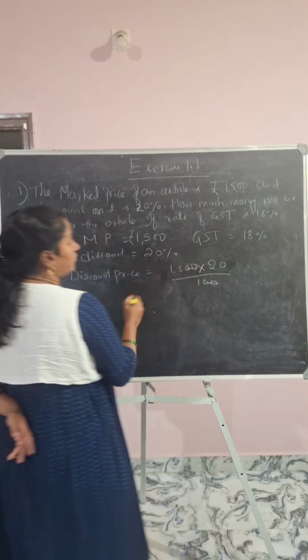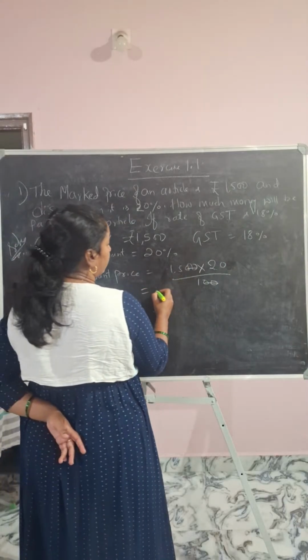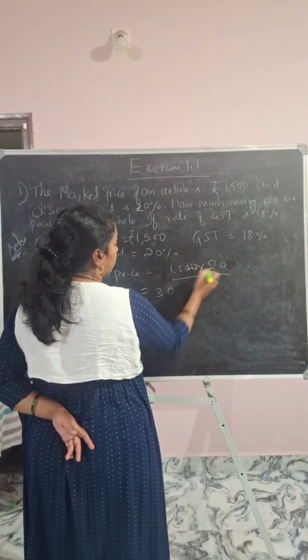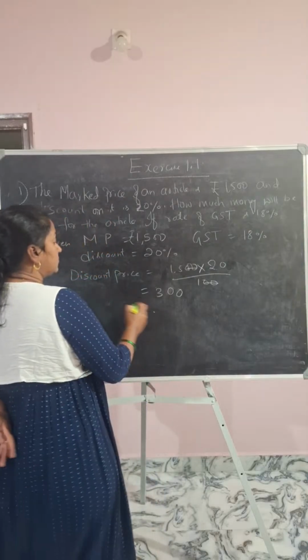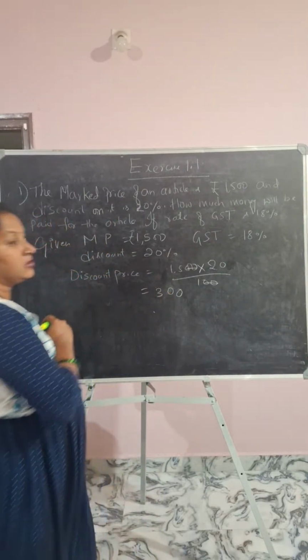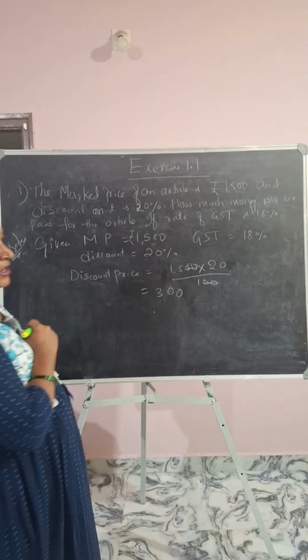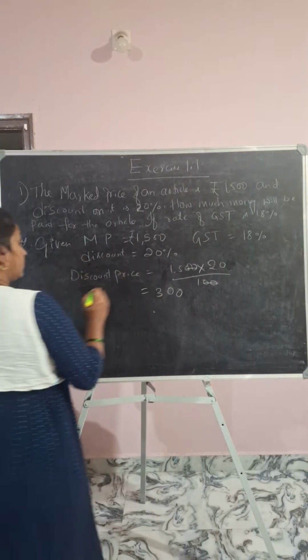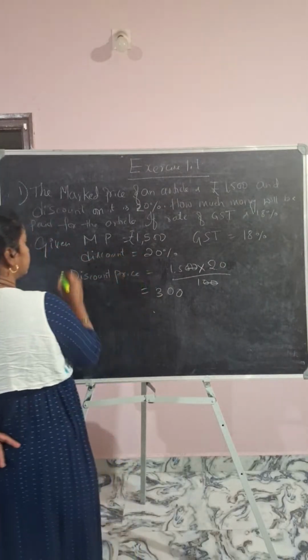So 15 into 20, 15 twos are 30. So the discount price is 300. Now we got the discount price.